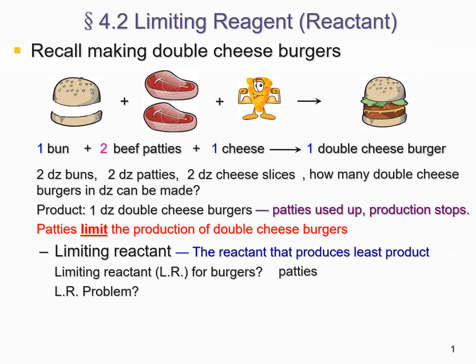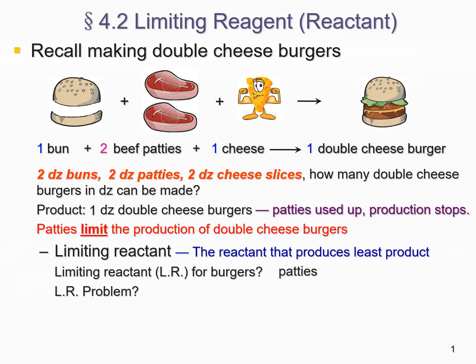How can we note this type of calculation? I want you to look at what I have highlighted. We got 2 dozen buns, 2 dozen patties, and 2 dozen slices of cheese. As you may realize, buns, patties, and cheese slices are all reactants.